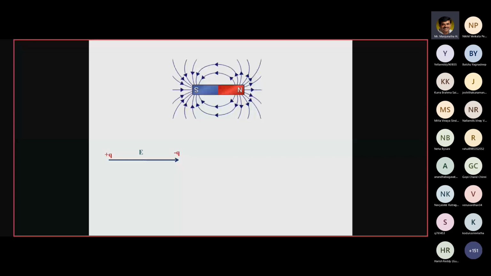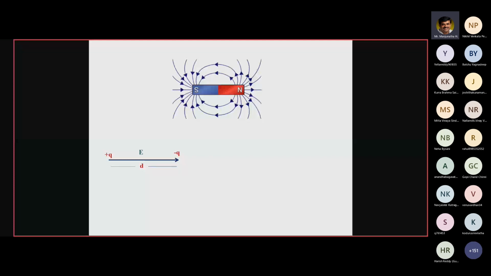So you know that if there is electric field, two charges, plus q and minus q, equal in magnitude and opposite in nature, come into picture. Two charges equal in magnitude, opposite in nature, separated by a distance d constitute an electric dipole.